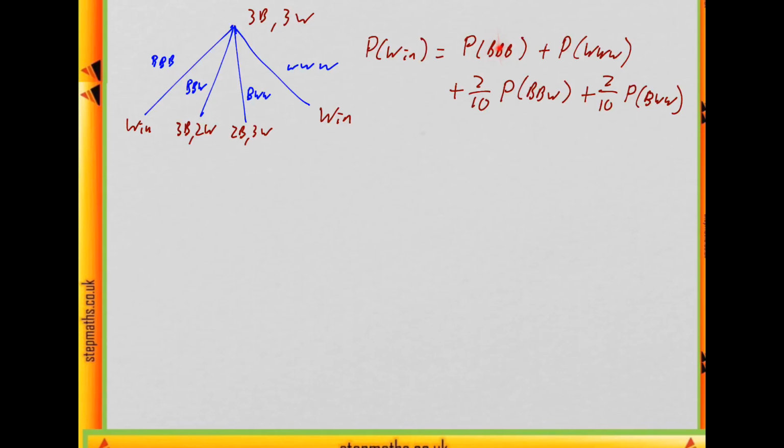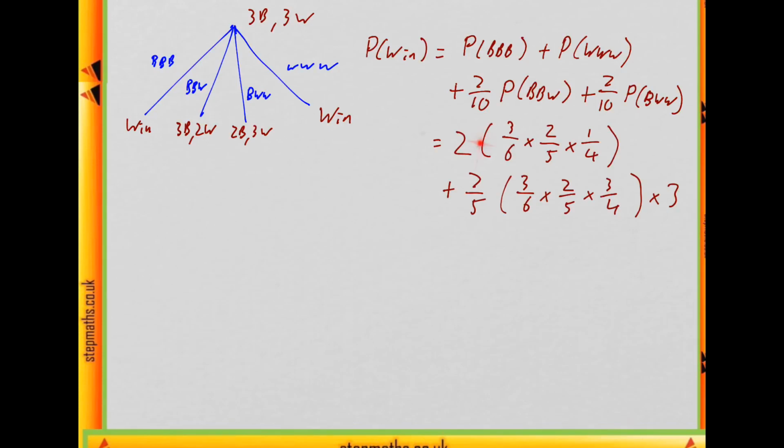So getting 3 blacks, what's the probability of that? I have 3 out of 6 first, then 2 out of 5, then 1 out of 4. So I've written that, but I've multiplied by 2 because these two probabilities are the same, so I'm just doubling that. And then, how do I get black, black, white?